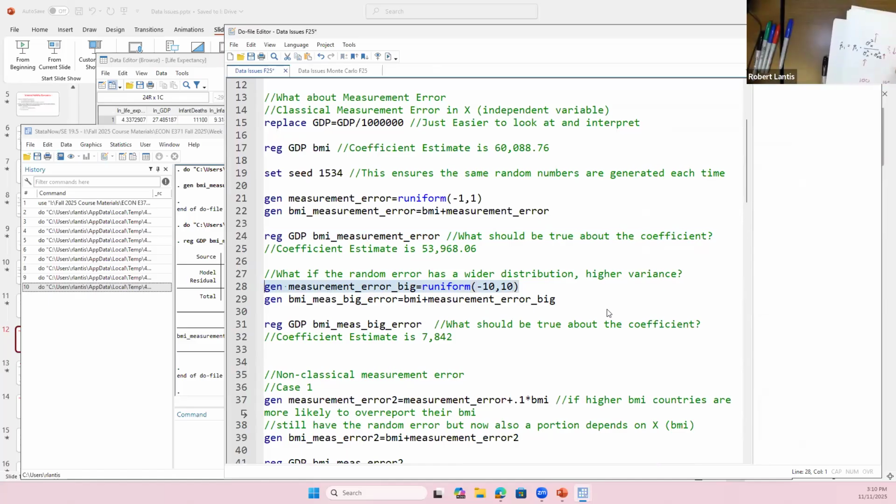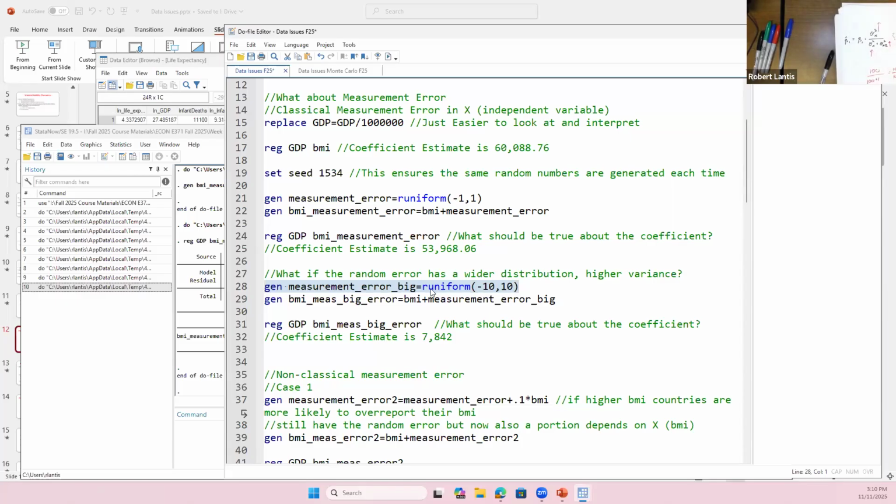it's the same thought experiment as we did earlier. If the measurement error is now larger, the variance on the measurement error, the estimate I see is actually going to be even lower. So when we had the variance of the uniform distribution, right? Our original variance caused the estimate to fall to about 54,000.